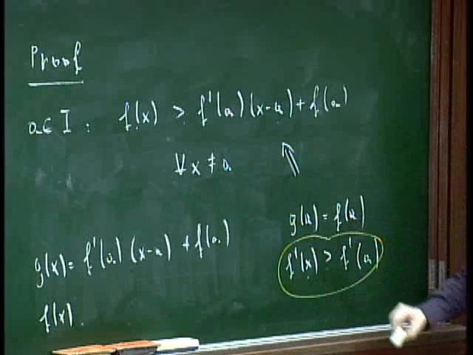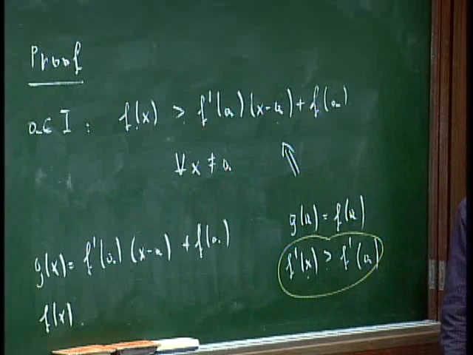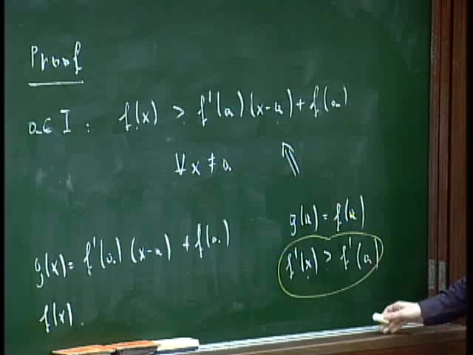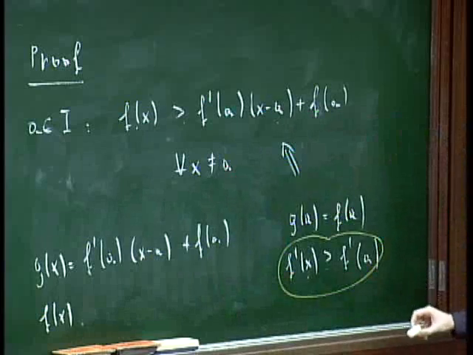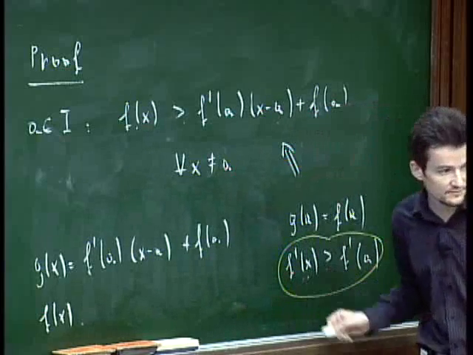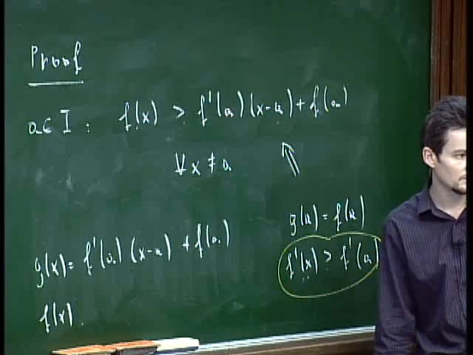Here I can use the racetrack principle again, now applied to the function g of x, which is this constant here, and the function f of x, which is replaced by the first derivative of the function.